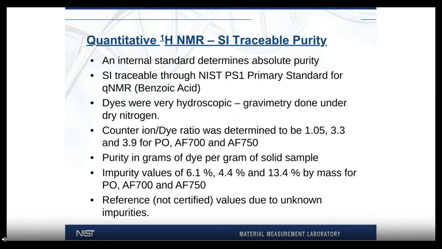Some of the issues that we found with the 3 new dyes that we didn't find with the original 4 dyes in SRM 1934 is that the new dyes were very hygroscopic, so we had to do gravimetry under dry nitrogen, which complicated things a bit. We also found that the counter ion and dye molecule ratio was not an integer for these dyes.